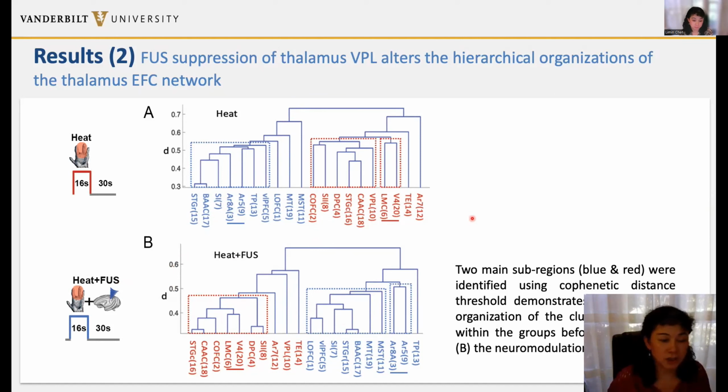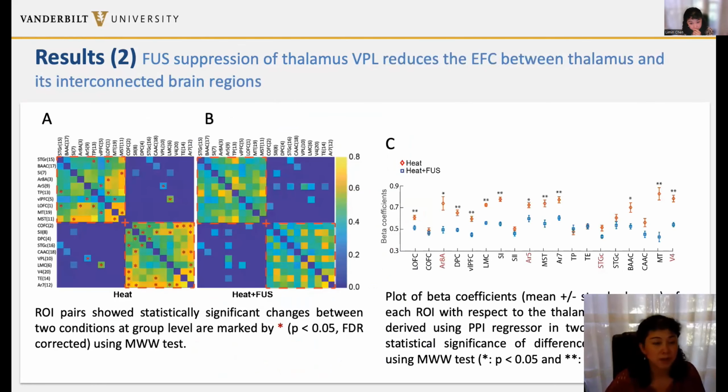So this data shows that when the thalamus painful response was suppressed, the thalamus's connectivity to its regions also changed. Some areas get closer together, and some areas get farther apart, or have less similarity in the clustering analysis.